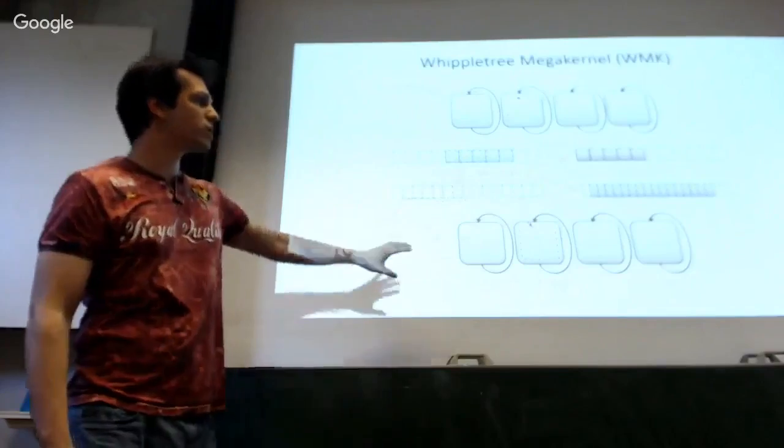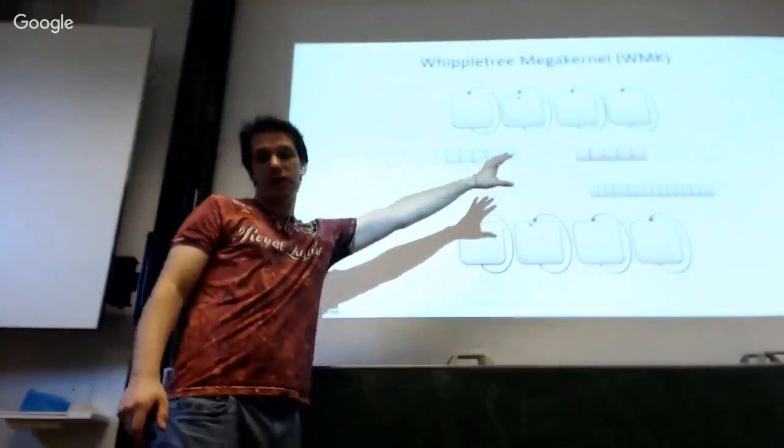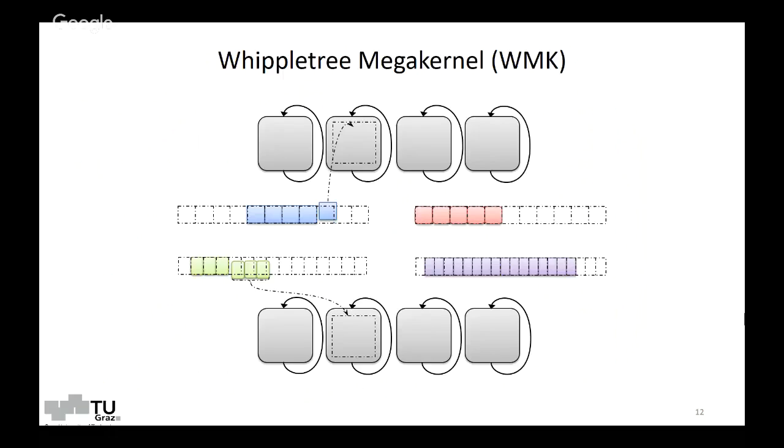We figure out where there is work available in these work queues and draw work in and then execute it. In this way, we can also dynamically adjust the number of threads to these work items or tasks. For example, if we have individual threads that should be executed, we can draw in more concurrently to start the execution. If we have an entire block, we might just draw in one work element. And this is the overall idea.